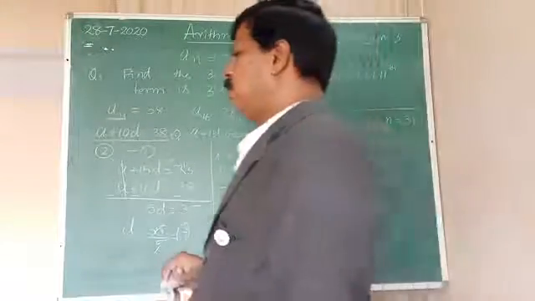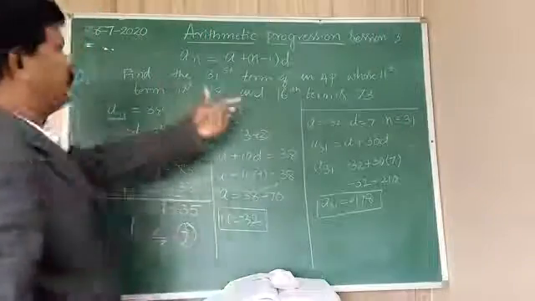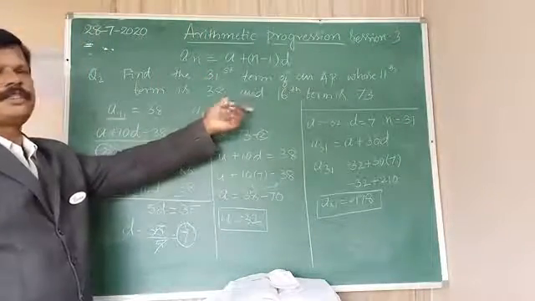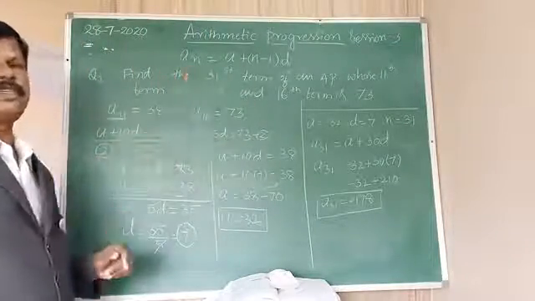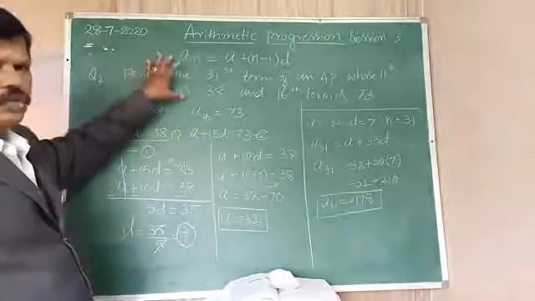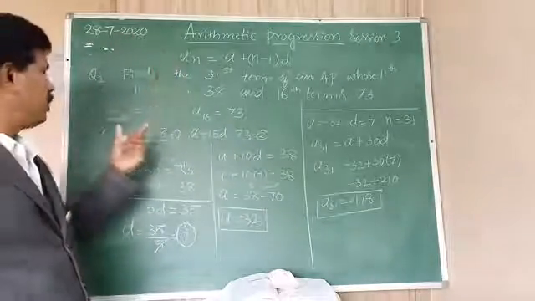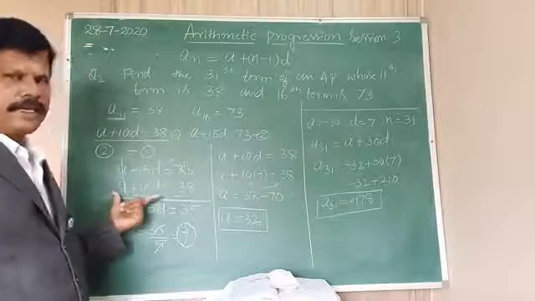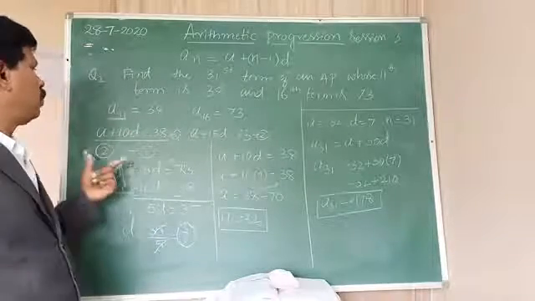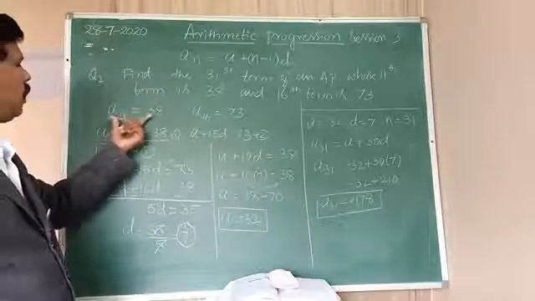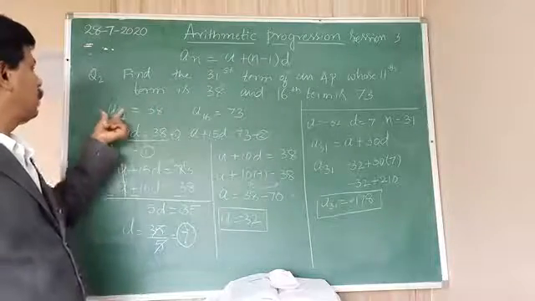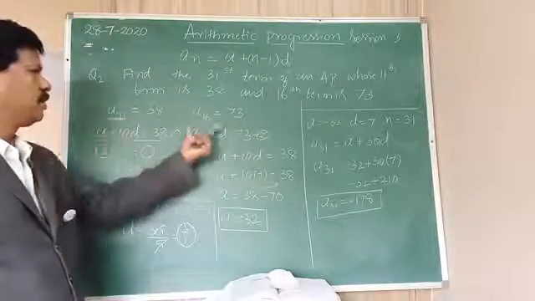Clear? So when they give the terms, 11th term and 16th term, and ask for the 31st term, how to solve this type of question? First, make use of simultaneous equations. How to write the equation? Convert what is given into this form.